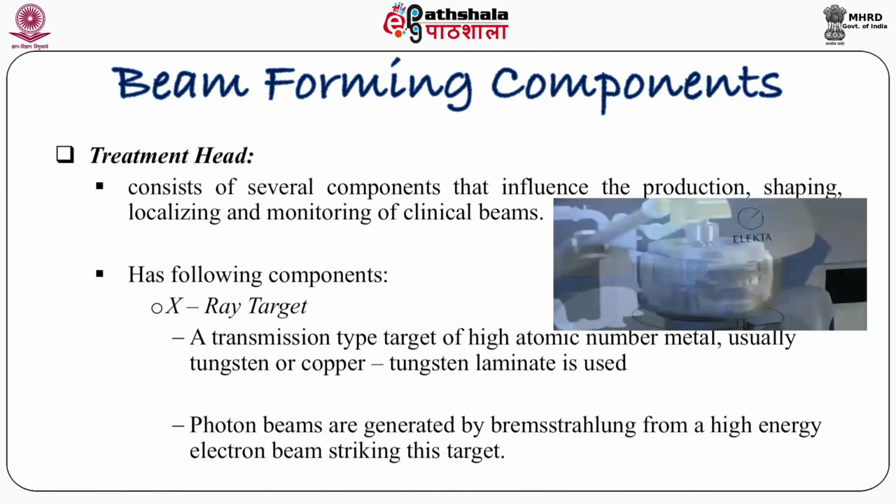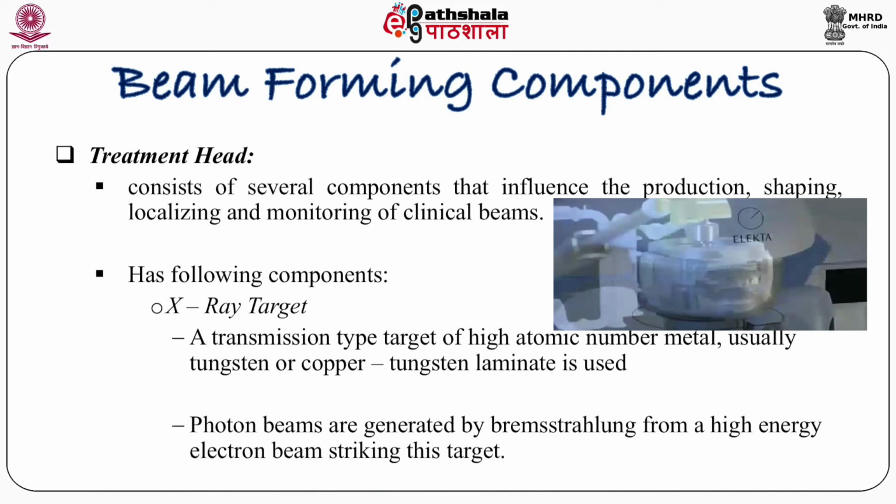The treatment head consists of several components that influence the production, shaping, localizing, and monitoring of the clinical beam. It has the following components: the X-ray target, a transmission type of target of high atomic number material, usually tungsten or copper.